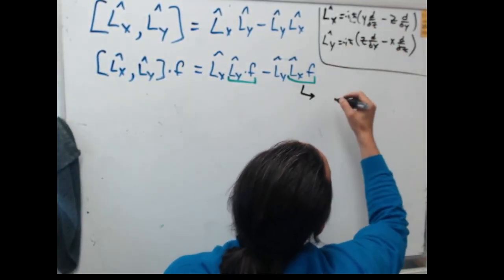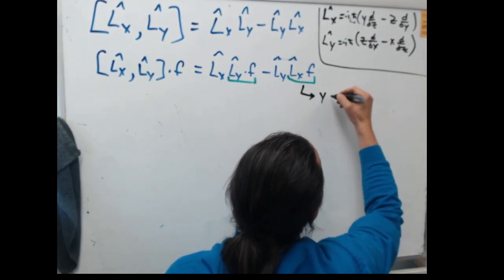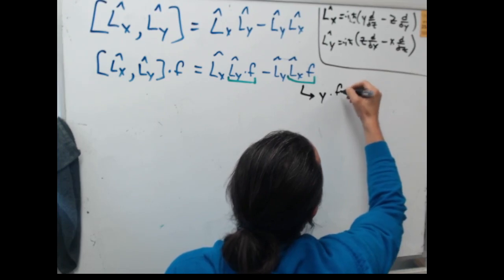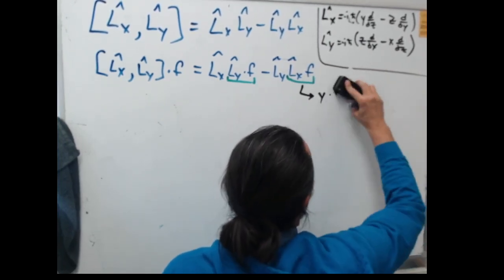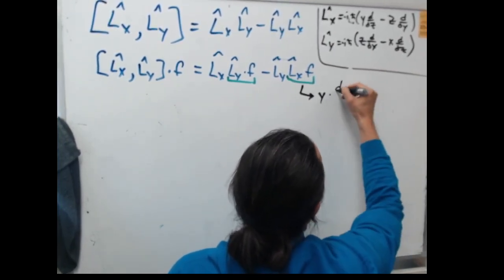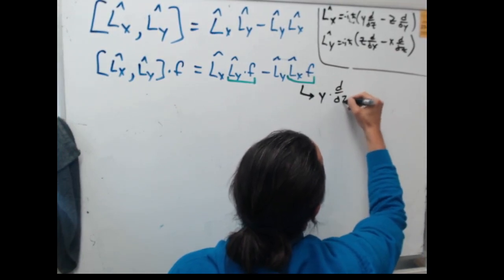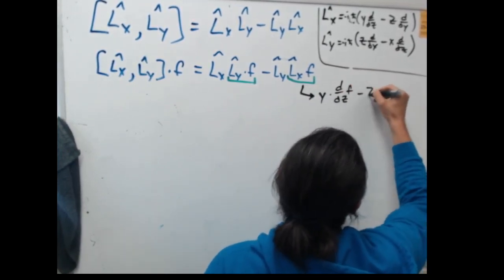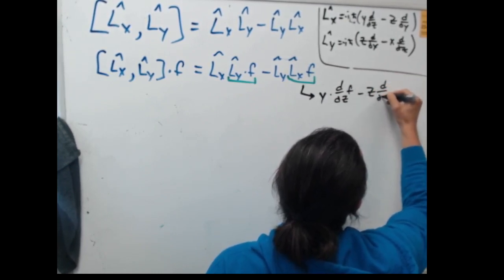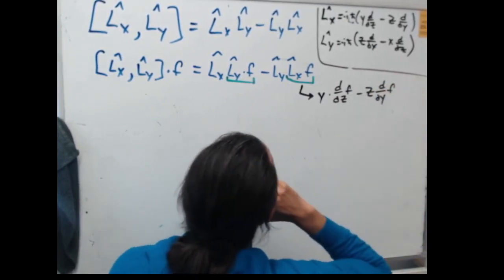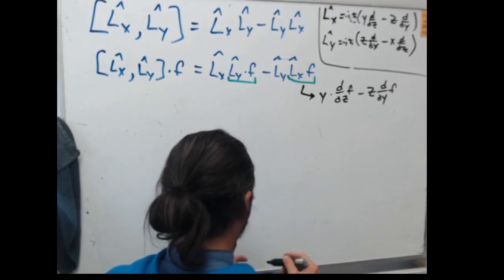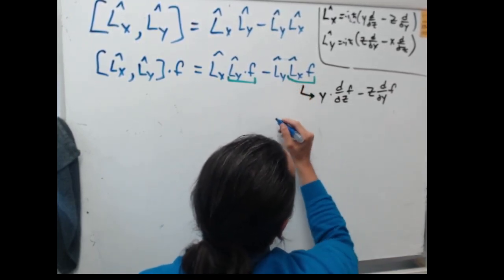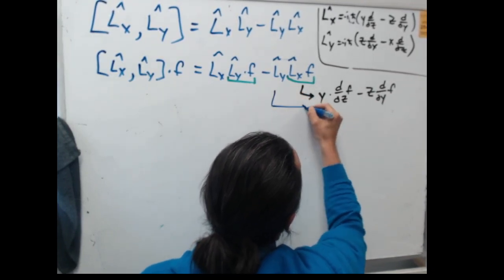So if I'm doing Lx on this, I'm going to have y times df/dz, I don't think I can use my shortcut for this, minus z df/dy. Then I have to take that whole thing, and now I have to apply Ly to this.